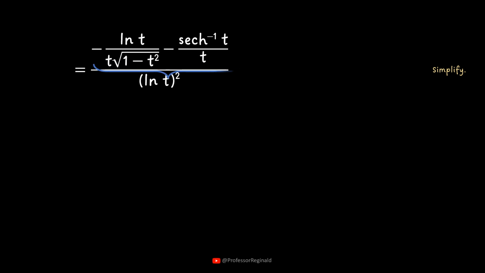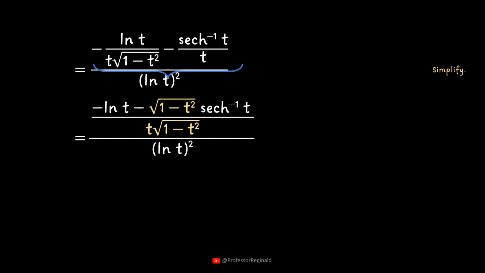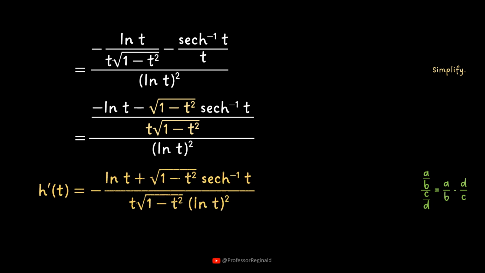Combine these expressions in the numerator using the LCD method. And apply a property of fractions. Thus, h prime of t equals the negative of quantity of natural logarithm of t plus the square root of quantity 1 minus t squared times the inverse hyperbolic secant of t all over the product of t, the square root of quantity 1 minus t squared, and the square of the natural logarithm of t.